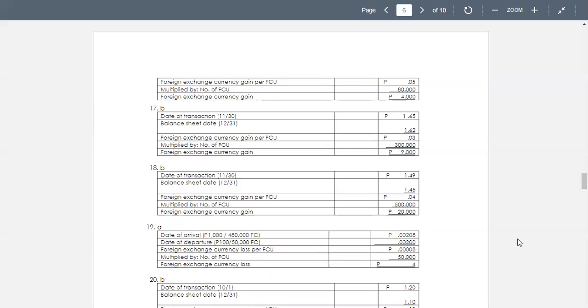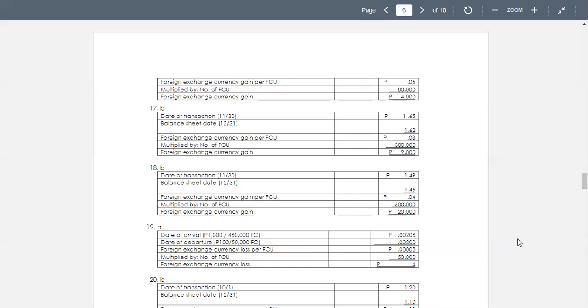Date of departure, 100 divided by 50,000, or 0.0020. So we have the foreign exchange currency loss per FCU equal to 0.00008 multiplied by 50,000, then you get the foreign exchange currency loss in number 19. The loss is an amount of 4.